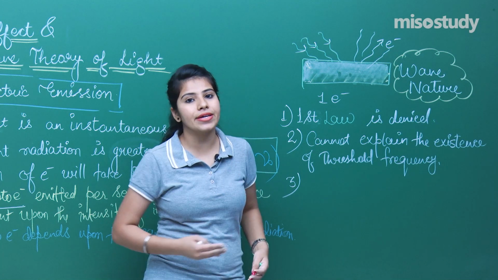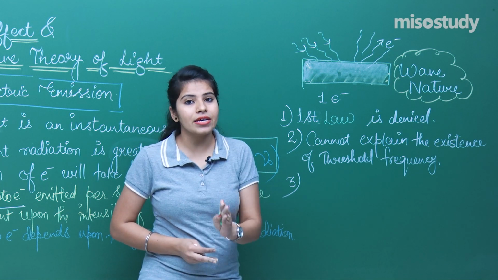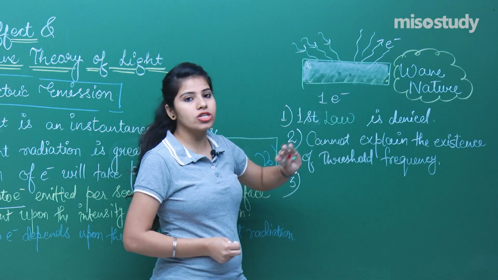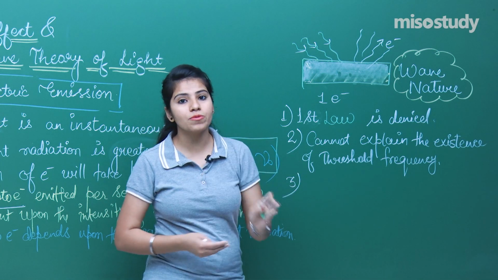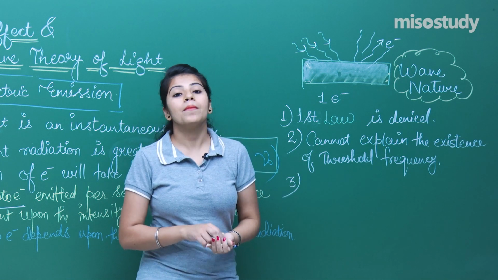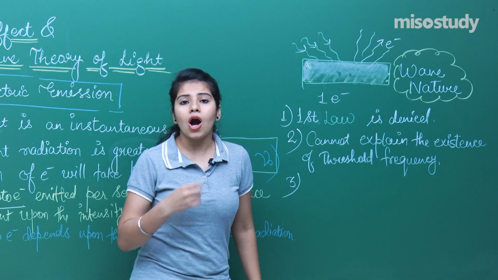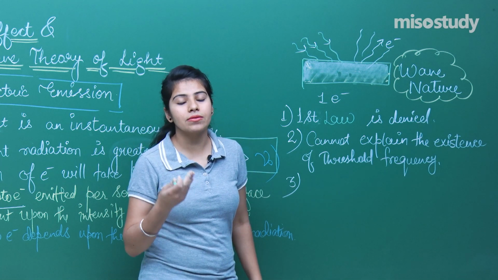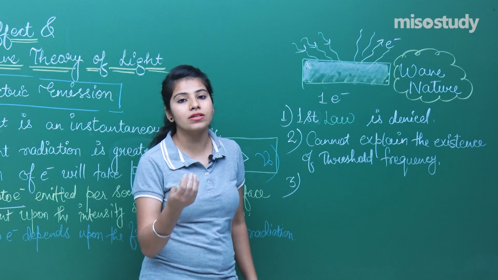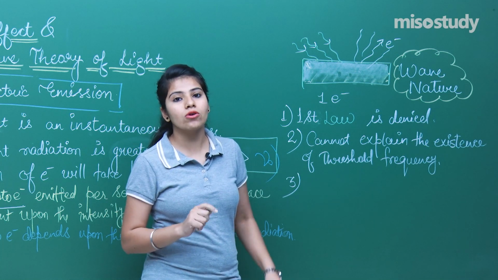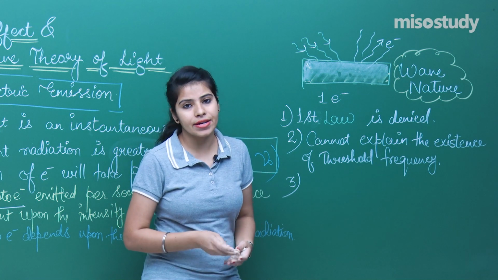the maximum kinetic energy. The kinetic energy of the electron would not be dependent upon the frequency, but it would be dependent upon the intensity. How can we say an electron is more energetic, or has maximum kinetic energy?